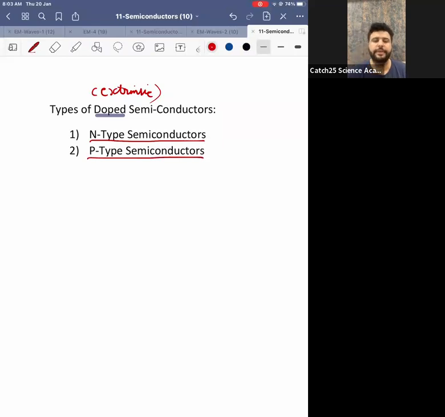Therefore, write down the side heading: types of extrinsic semiconductor, or types of doped semiconductor. First one, N-type semiconductor.